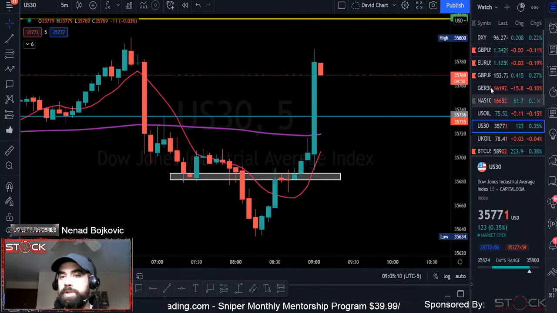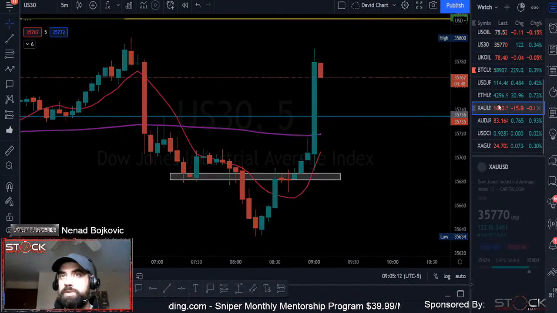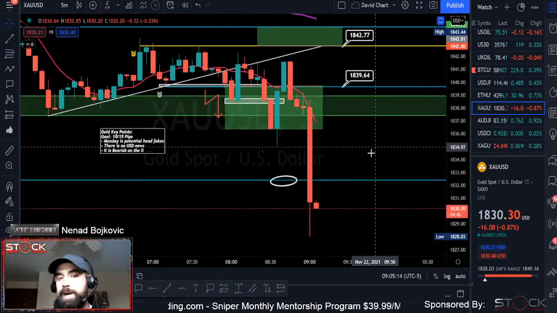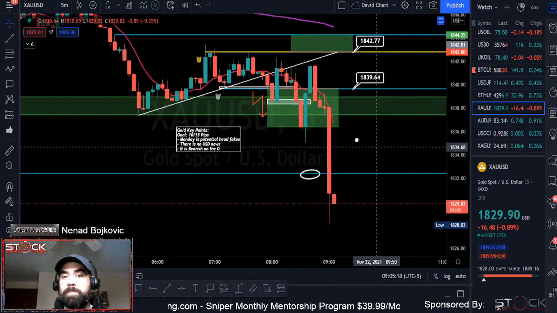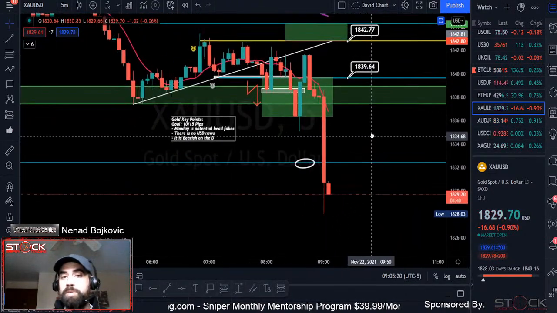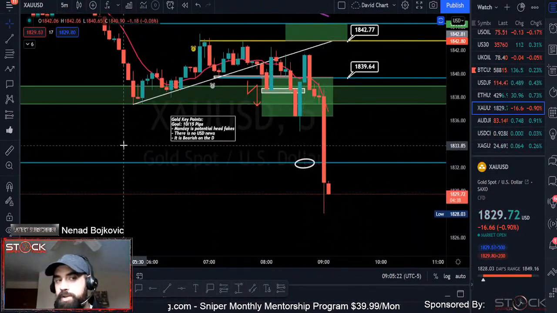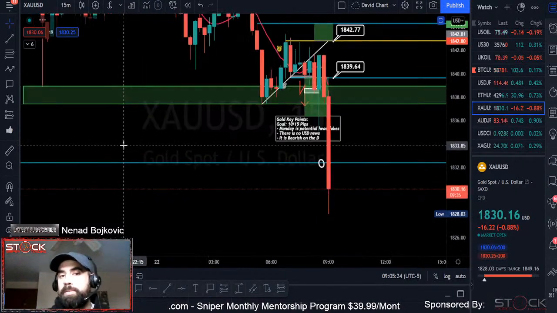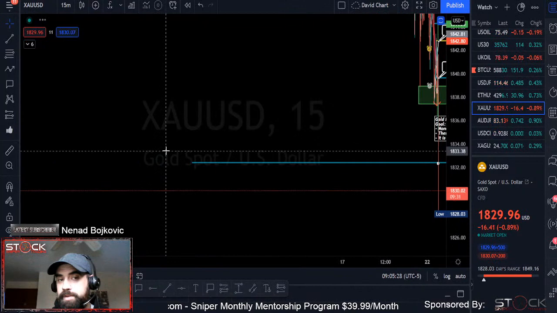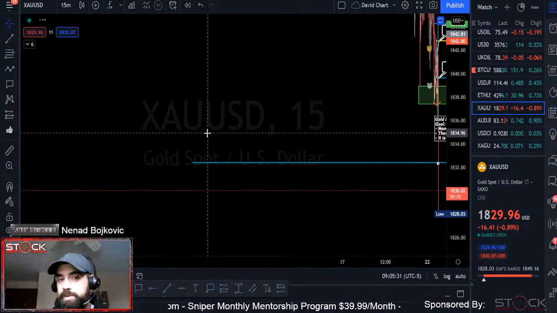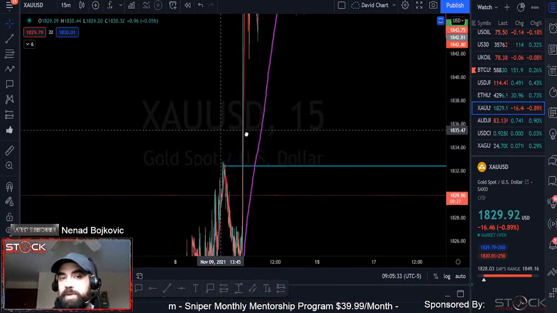Okay, so let's check out gold now. Let's focus on gold. We wanted to look at US 30 just for the guys. Wow, look at gold. I don't have anything below here, but do you remember I talked about this? Do you guys remember when I mentioned the big bullish candle to the left? Okay, you just got to scroll a little bit. Not loading the best right now. It's right here.